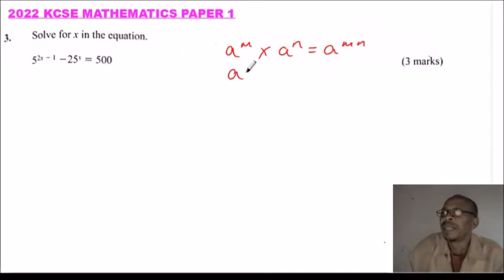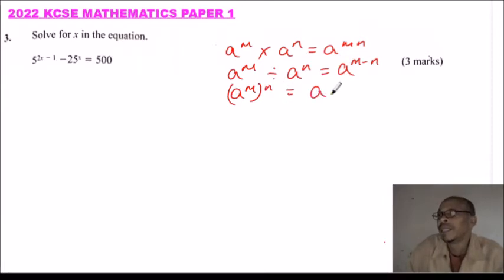Then we have a to power m divided by a to power n is equal to a to power m minus n. And we have a to power m to power n is the same as a to power mn. So these are the 3 rules of indices.